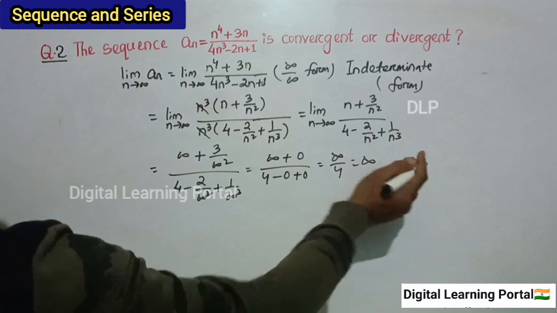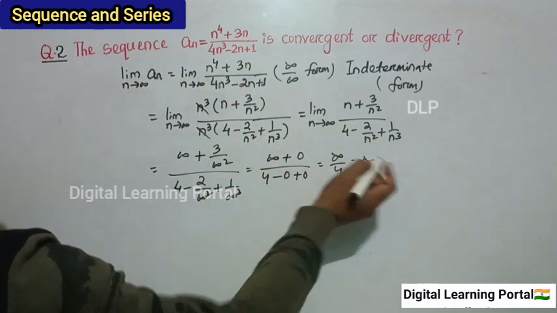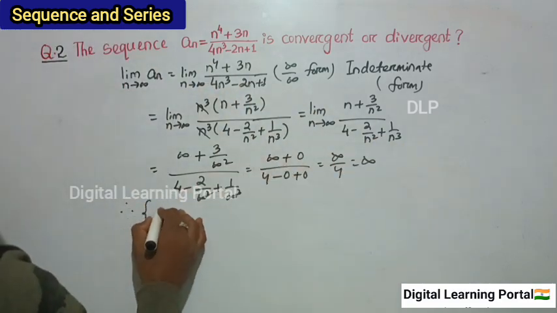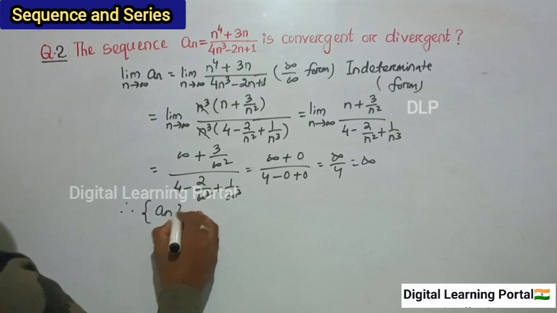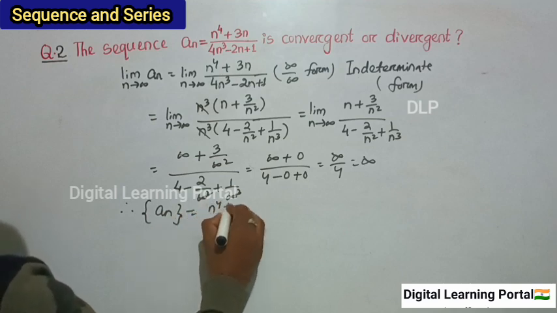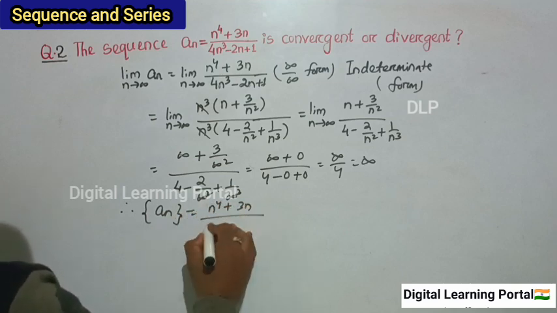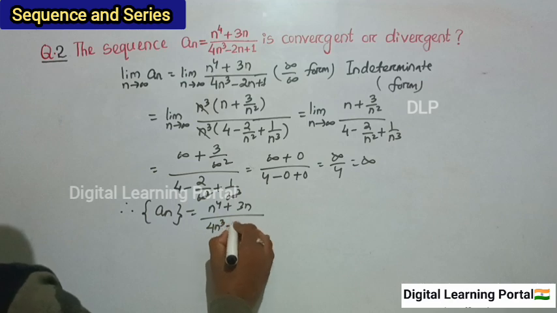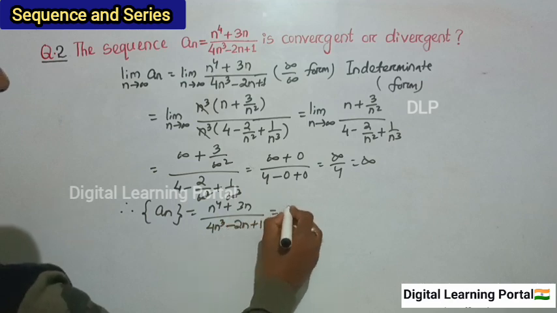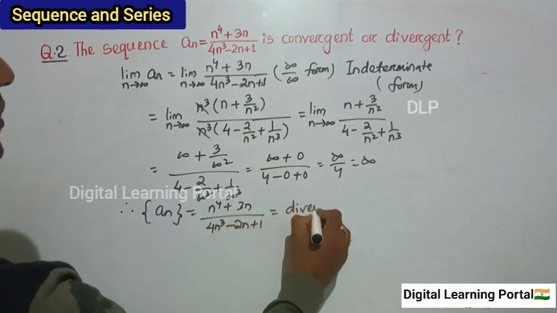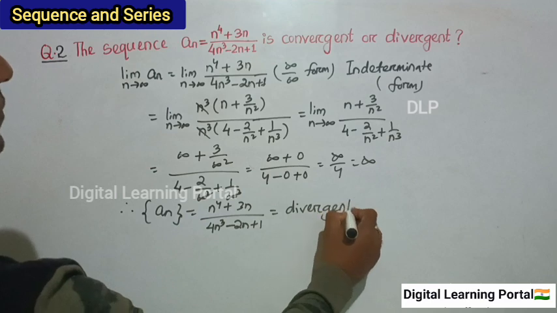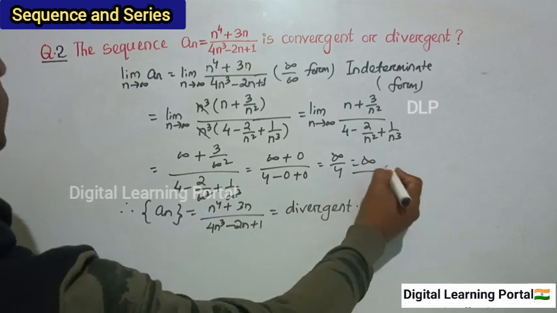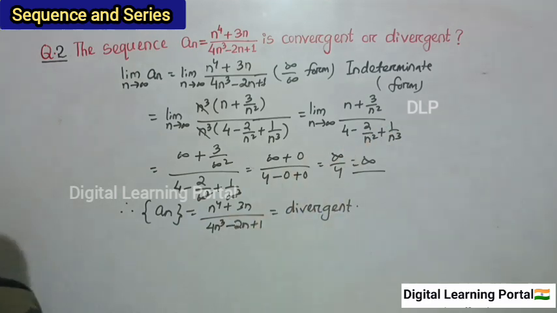As it gives us the value infinity, our sequence is divergent, as the limiting value of the general term is infinity.